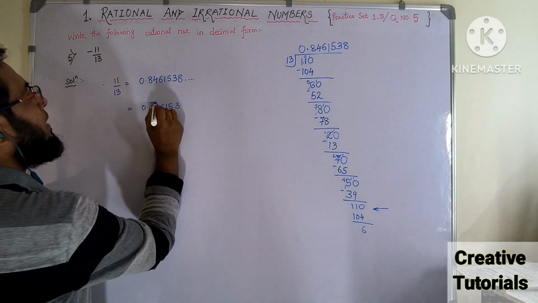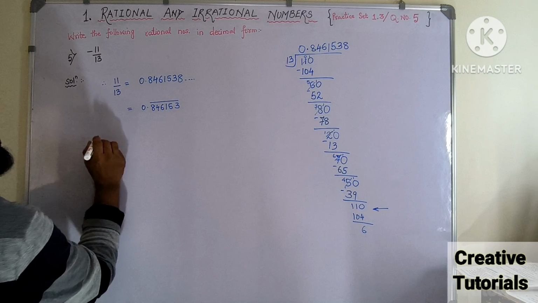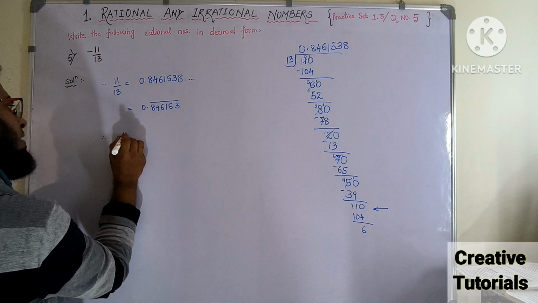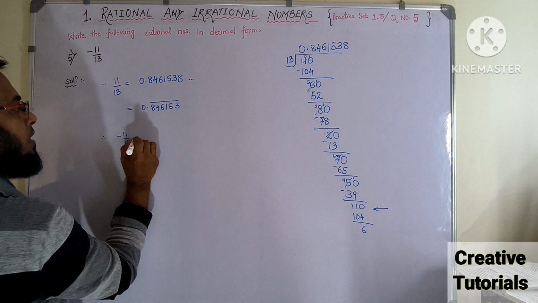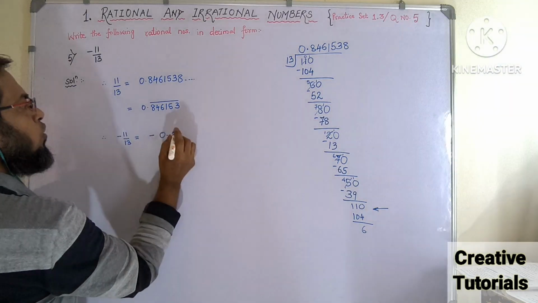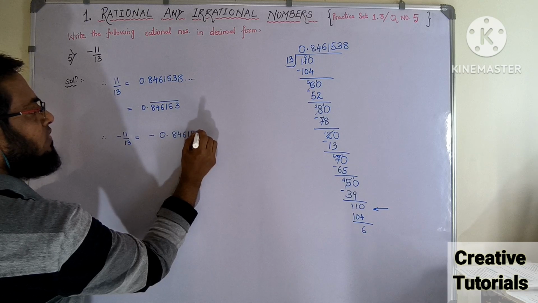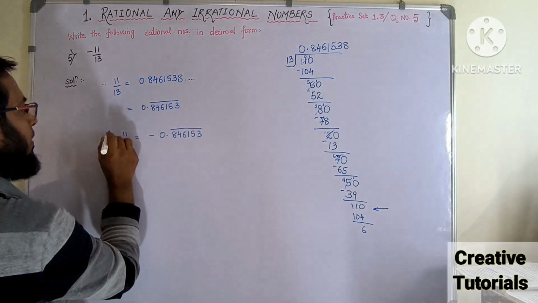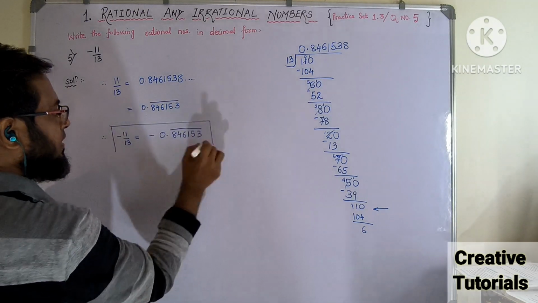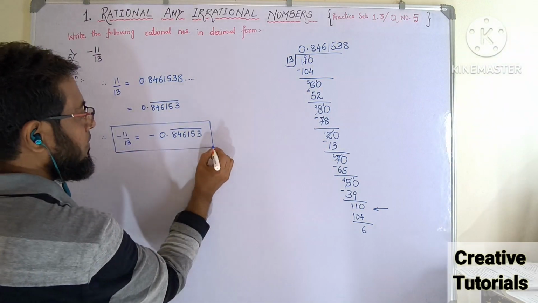So I will put one entire bar on this. Correct? So therefore minus 11 upon 13 becomes minus 0.846153 bar, and this is my final answer.